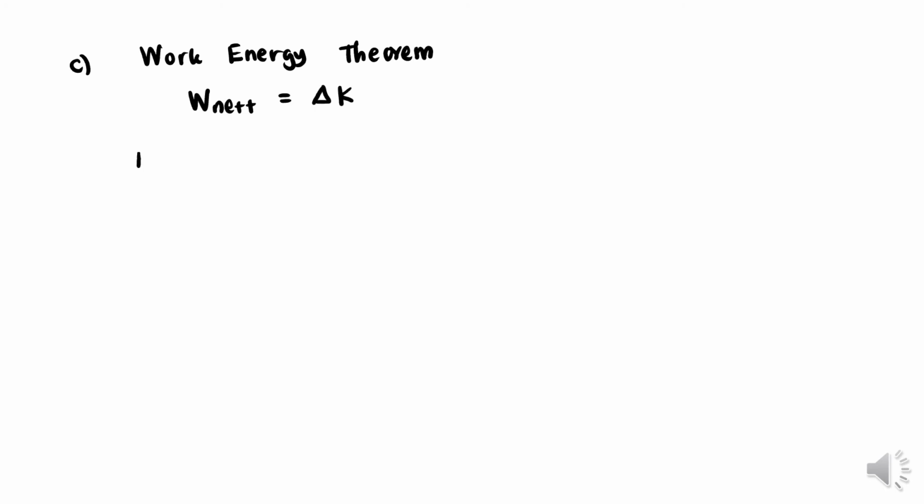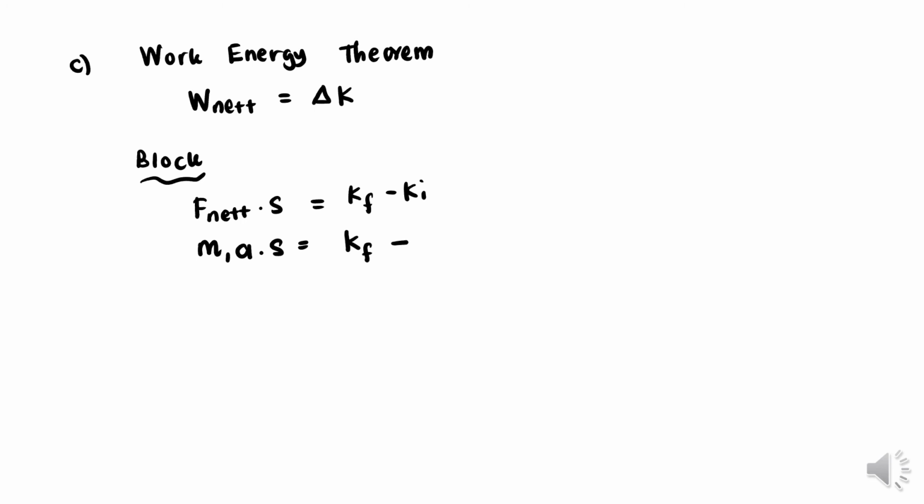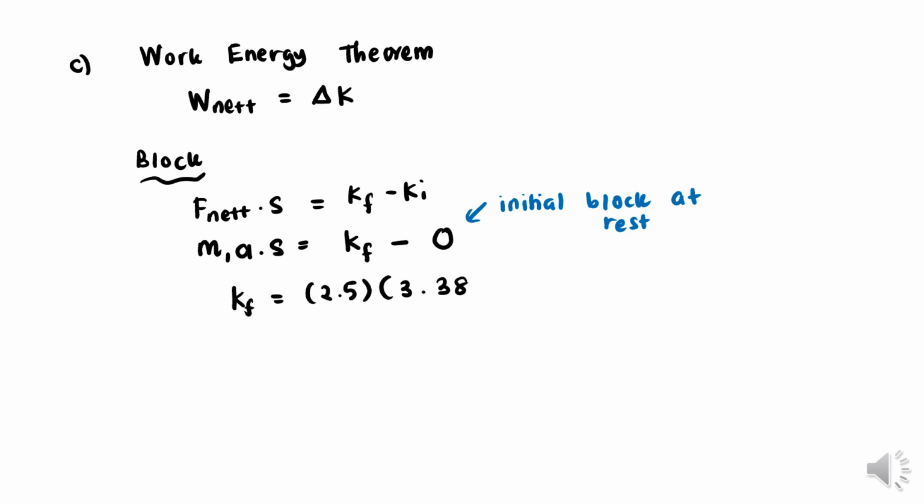For part C, we use the work energy theorem to solve the problem, where W net equals delta K, the change in kinetic energy. For the block, W net can be expressed as the net force times displacement equal to K final minus K initial. Initially kinetic energy is 0 because the block is at rest. So K final equals 2.5, the mass, times acceleration 3.38, times the displacement 0.6.